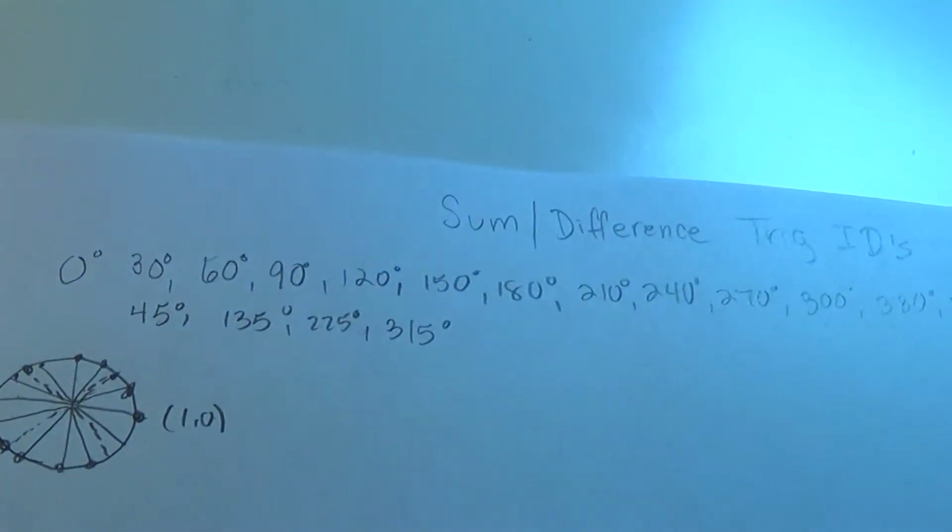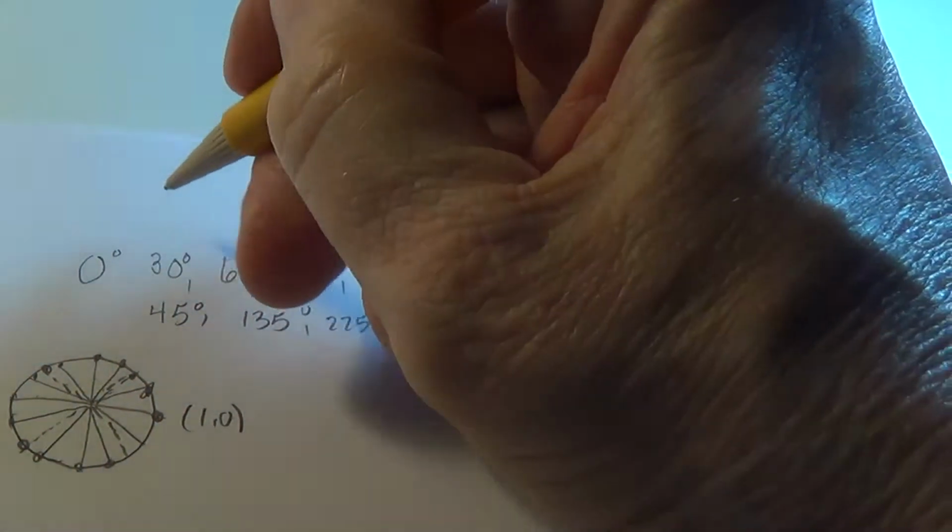Now I want those to be listed in radians.